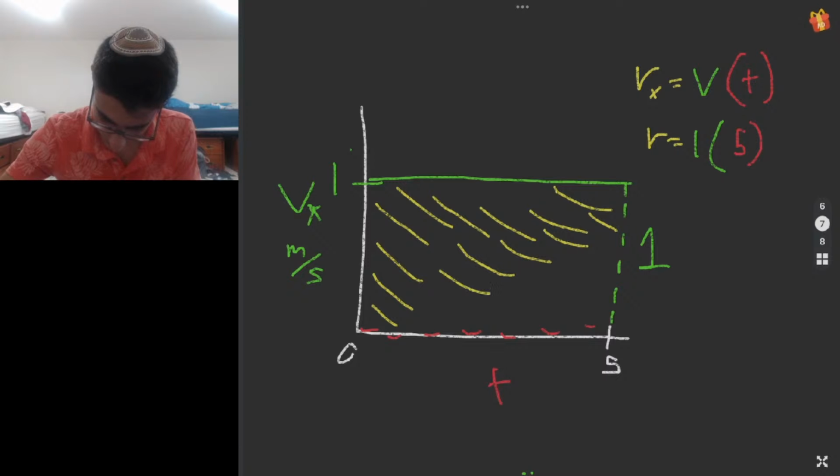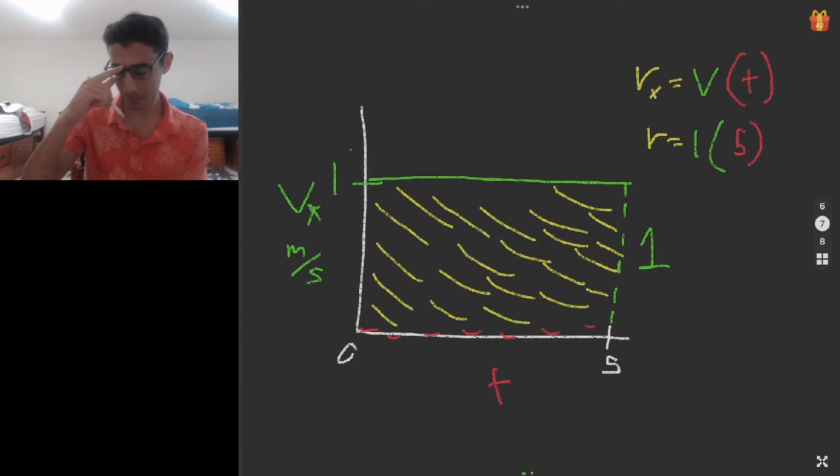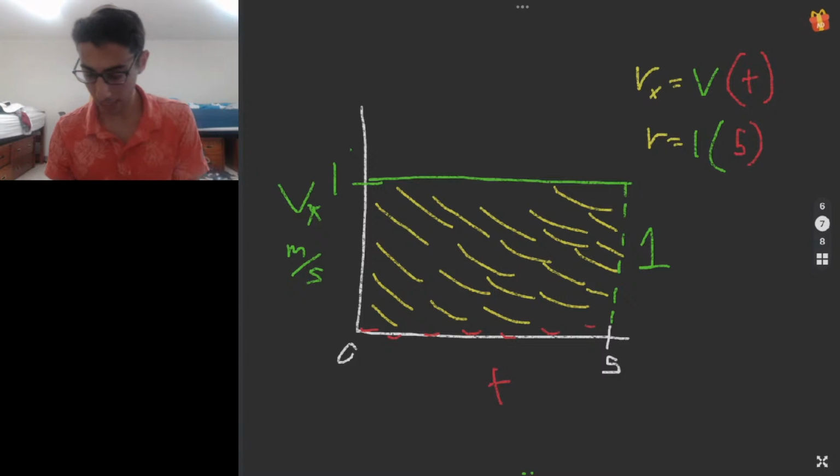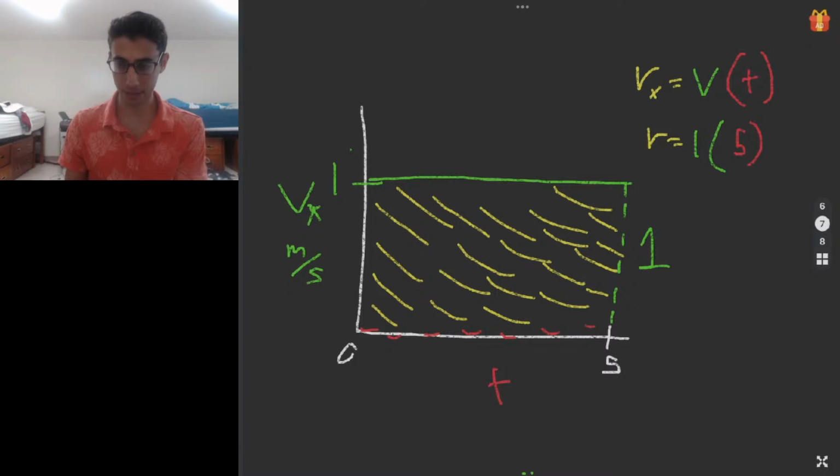So that means that the distance you've traveled in a certain amount of time is the area made by your velocity between those 2 moments of time. The position within 2 moments of time equals the area between your velocity function and the horizontal axis over that same increment of time.